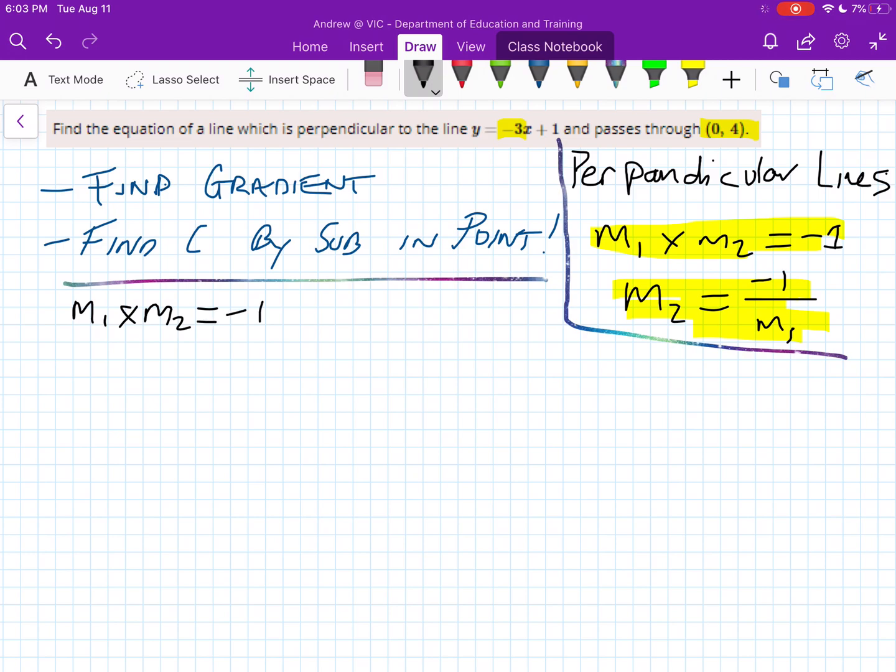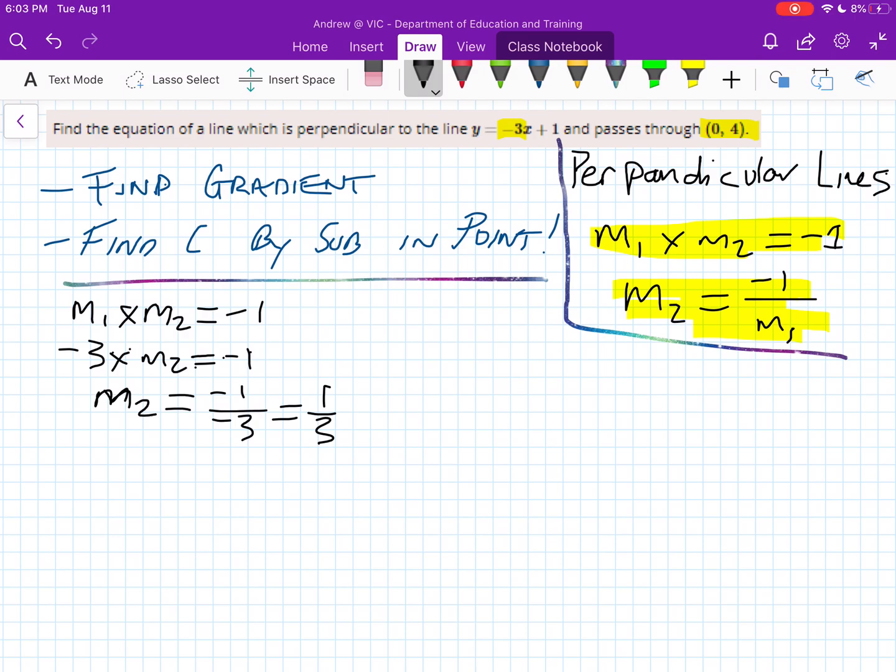With an M1 value of -3, -3 times M2 is equal to -1. We need to get M2 by itself by dividing both sides by -3, so M2 is equal to -1 over -3, which is equal to 1/3.